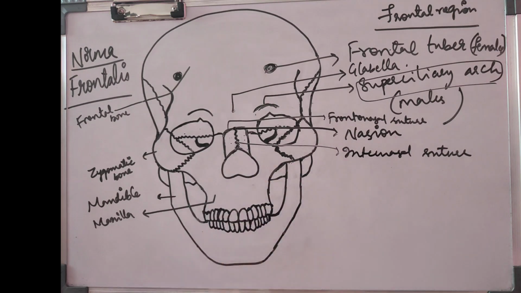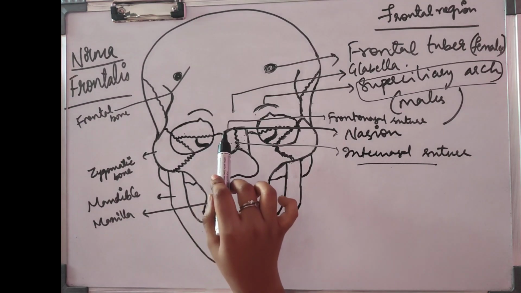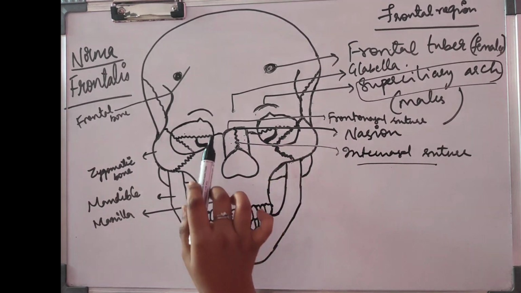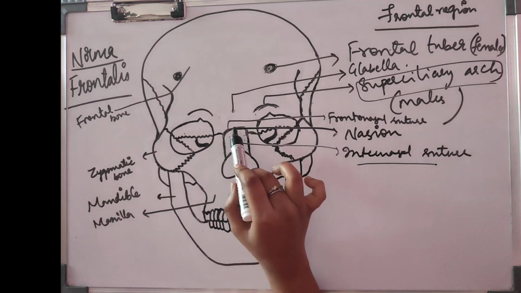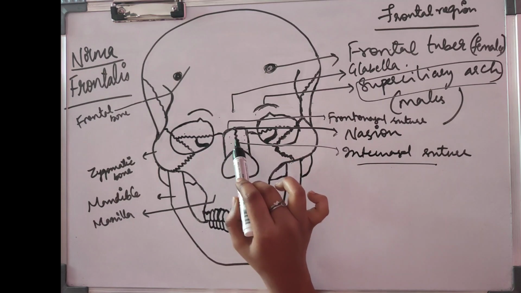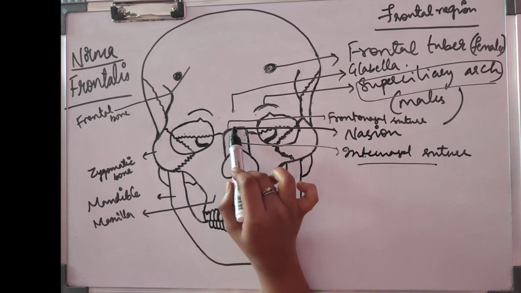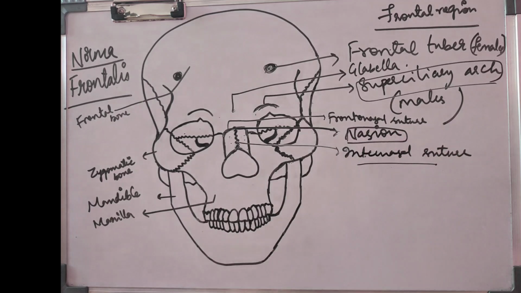These two nasal bones are connected by the internasal suture, and at the root of the nose we can find the frontonasal suture, that is between the frontal bone and the nasal bone, and the median point on the root of the nose, where the internasal suture meets the frontonasal suture, is known as nasion.